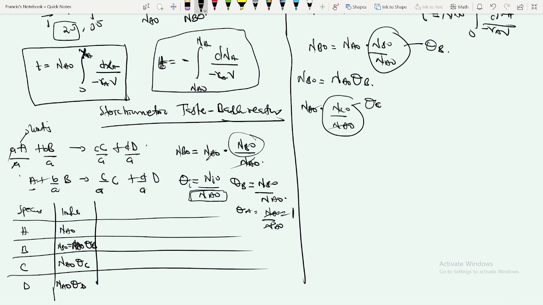Now, anytime there is an inert species, we'll consider the inert species later on. You know that the inert species doesn't actually take part in the reaction, right? So to consider the inert species, if you are using I to represent it, the initial moles of the inert species will still be Na naught phi I, where phi I is equal to the initial moles of our inert species over the moles of A. So this multiplies this, and then you are getting this back.